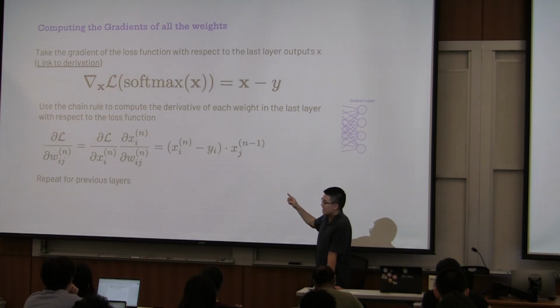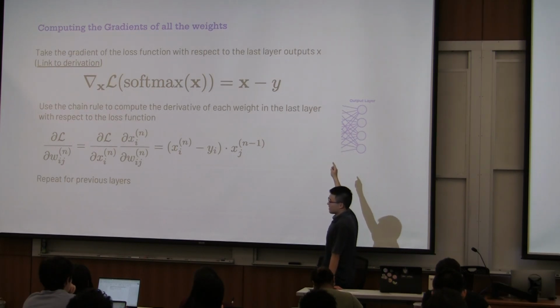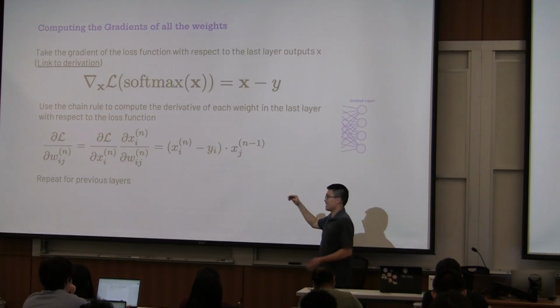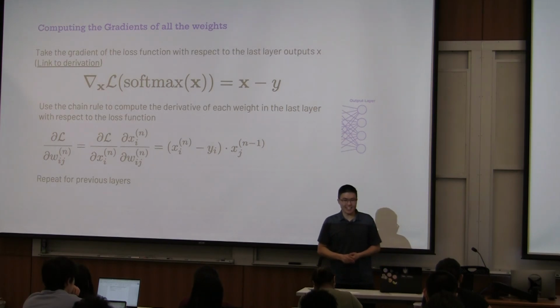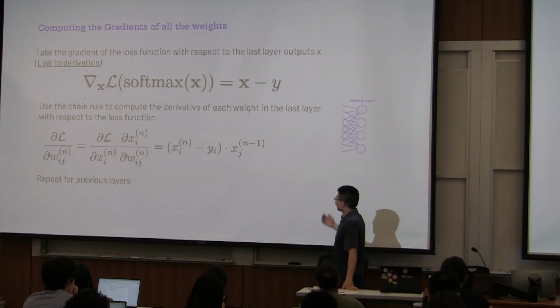Wij is the jth weight in the ith neuron. Okay, and this is one element in the matrix for the last layer. Does that make sense? So n is the number of layers that you have. Yeah.